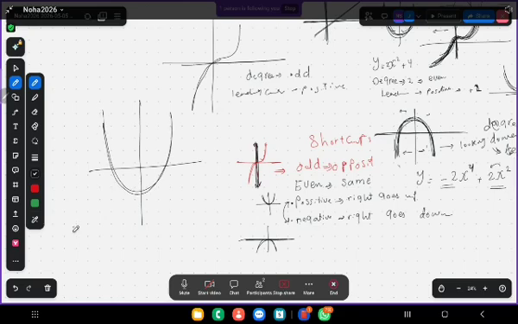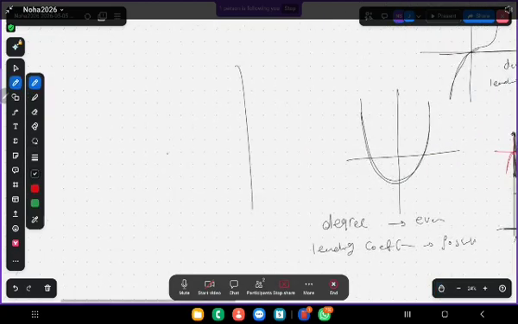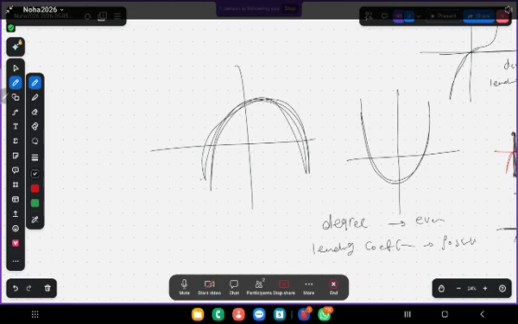And if you see some kind of this graph, look, give me data about the degree and leading coefficient. The degree is even and the leading coefficient is positive. Positive, very good. And finally, if you have some graph like that, the degree is even and the leading coefficient is negative.